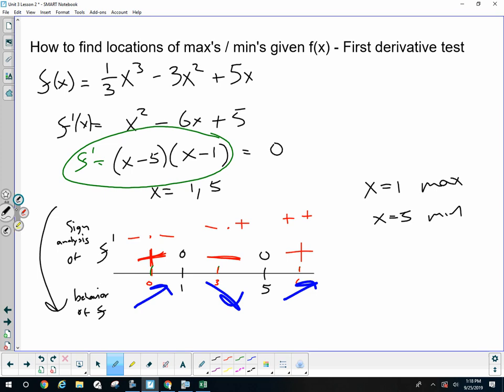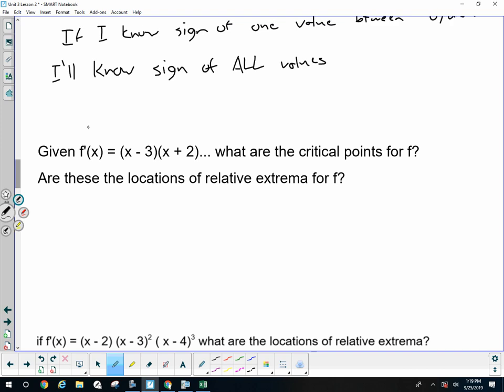It all depends. If I gave you f prime is equal to, and this is just the derivative, and I'm going to change it on you, negative 2 times (x minus 3) times (x plus 2). Let's just pretend that I have a function. I took its derivative. I factored the derivative. Here is my factored derivative. Please set this equal to 0, and then do the sign analysis.